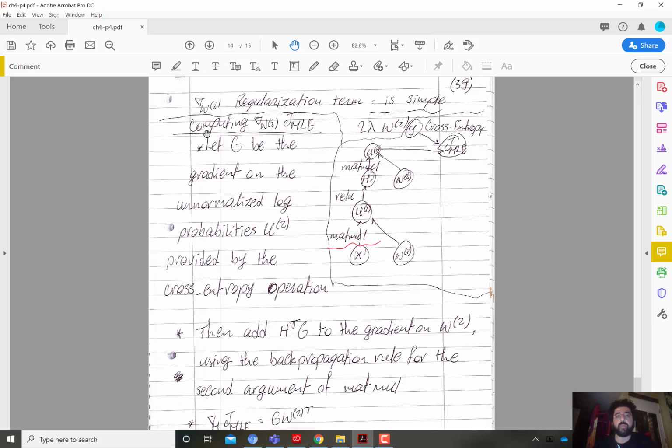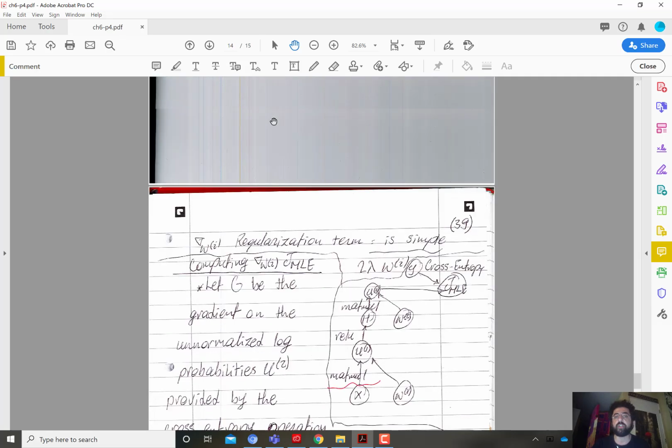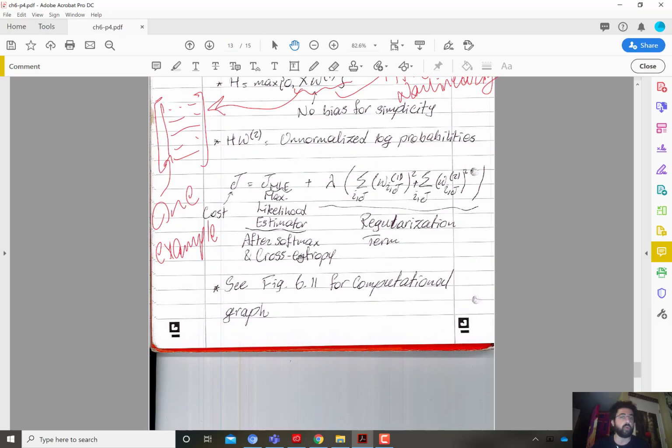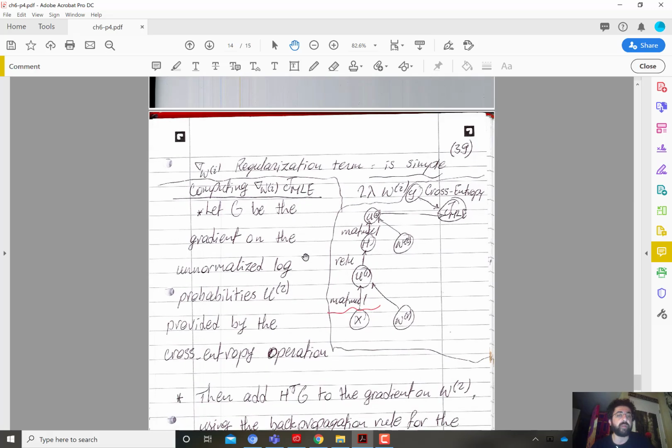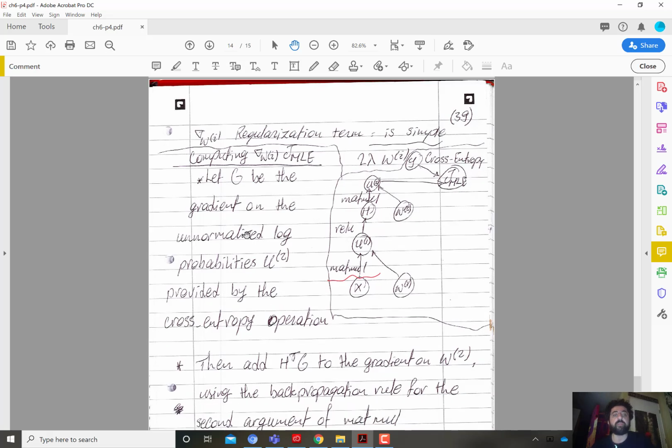So let's see how to compute the gradient of the cross entropy cost. Regularization is straightforward, so let's take the second component, the cross entropy cost, and see how we compute the gradient with respect to every weight parameter. We start by having the gradient of the cost with respect to the output neurons, the unnormalized log probabilities.